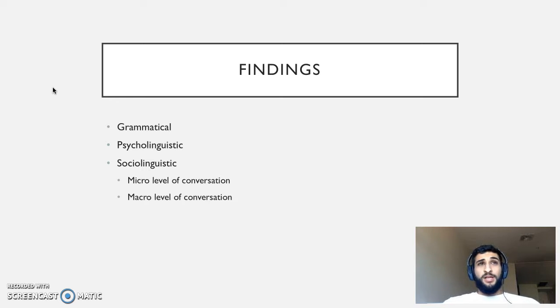The psycholinguistic perspective basically analyzes the brain's interpretation of code switching. So, for example, you would find people who are bilinguals, and they would use code switching to help them come up with a specific point.